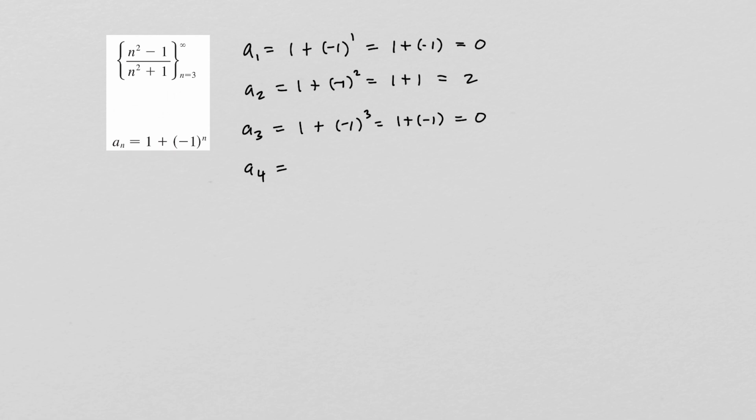So I know A4 is going to be 2, A5 is going to be 0, and this will continue indefinitely. And so the first 5 terms are 0, 2, 0, 2, 0. But in this case, it would be really easy to give as many terms as desired since it just oscillates back and forth between these numbers.